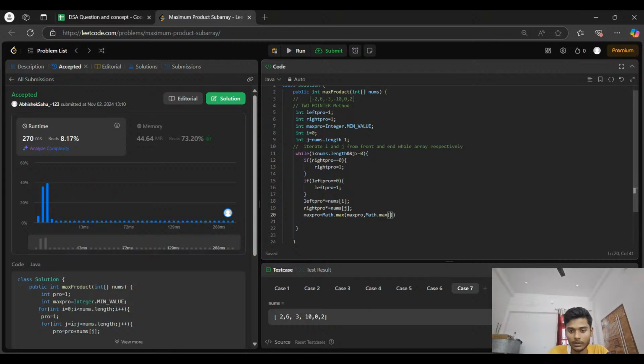The other thing is left and right, left max.